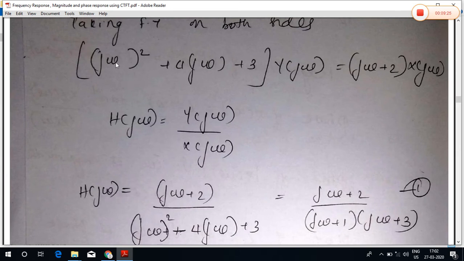So this will be of this form: ((jω)^2 + 4jω + 3) Y(jω) = (jω + 2) X(jω).